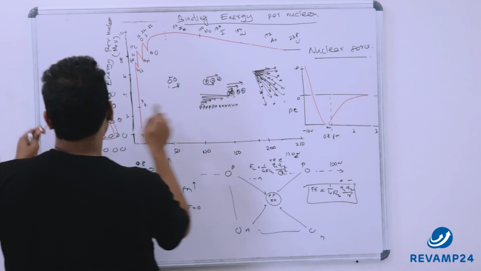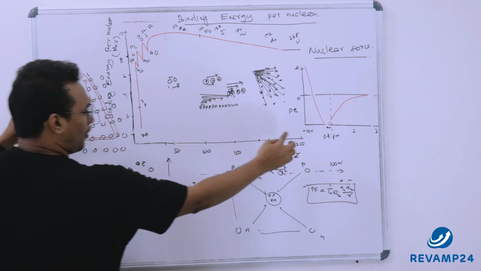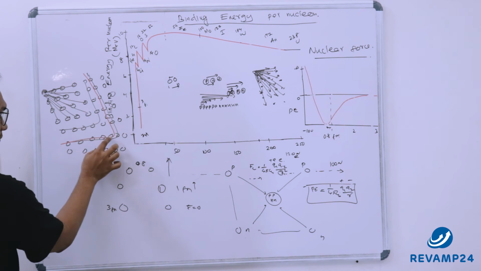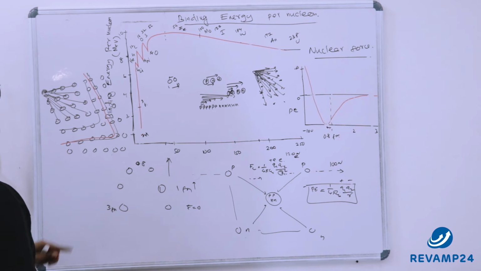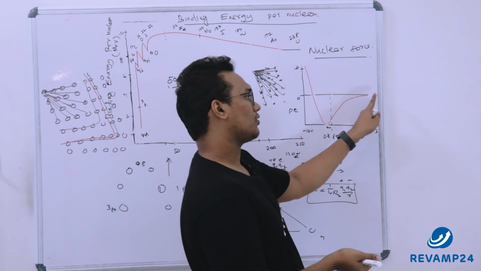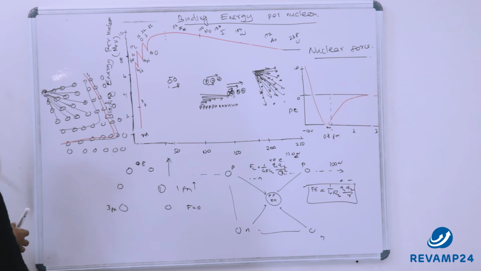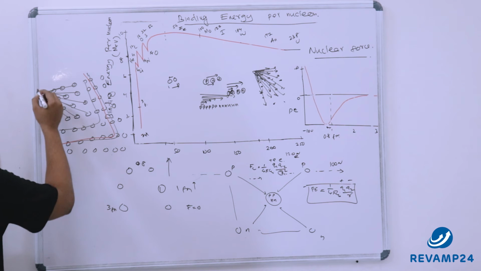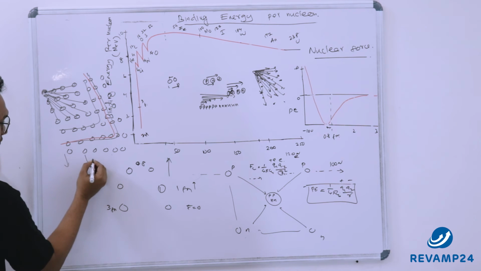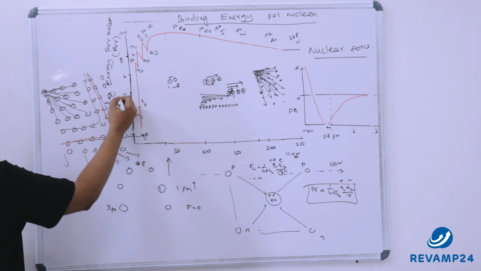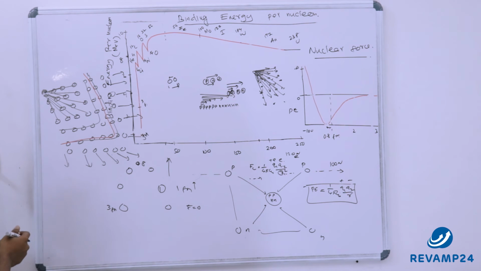From here, it is the highest with the nearby nucleons, and on increasing the distance, the force will decrease and become 0, let's say with this layer. Above that, the nuclear force between the nucleons would be 0 or very small, but there would be repulsive force offered by Coulomb's law, the Coulomb electrostatic force.